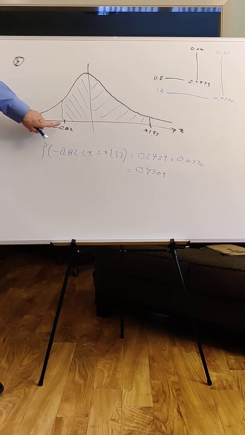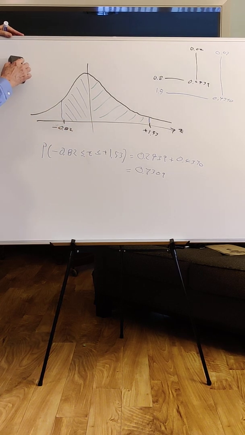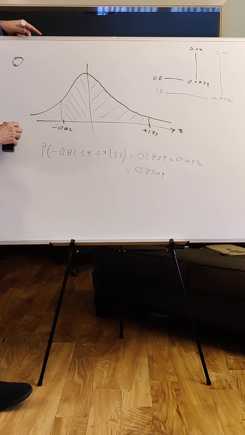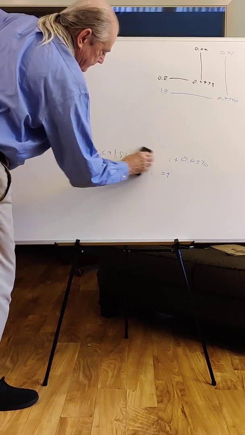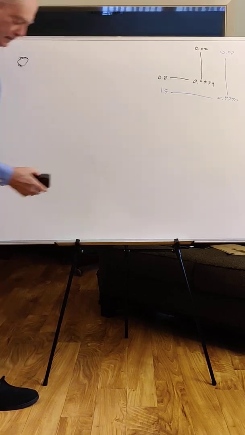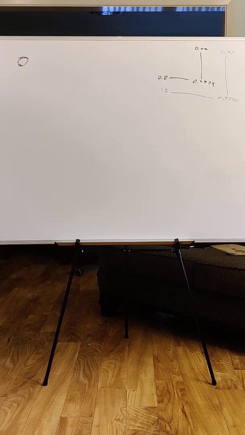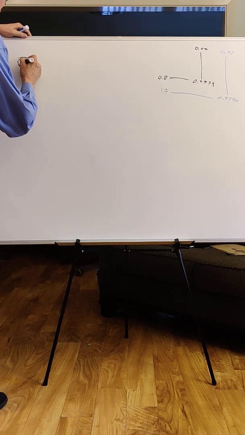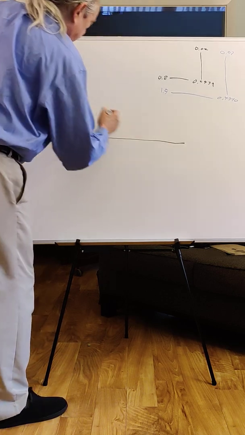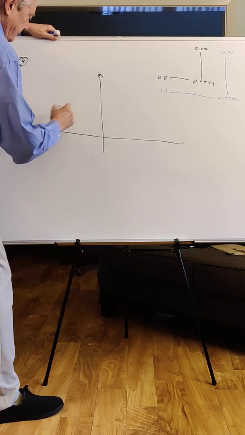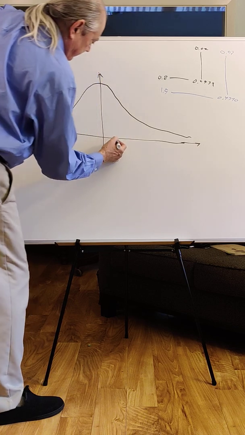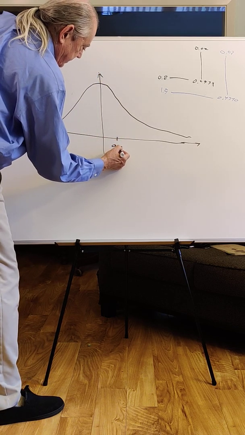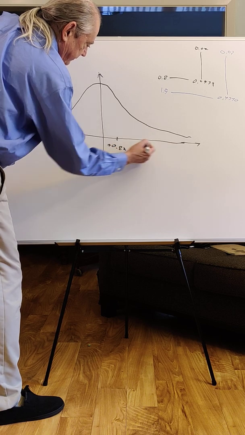Now, suppose the left endpoint had been plus 0.82 rather than minus 0.82. What happens then? All right, so let's draw another figure. Here's plus 0.82, here's plus 1.53.